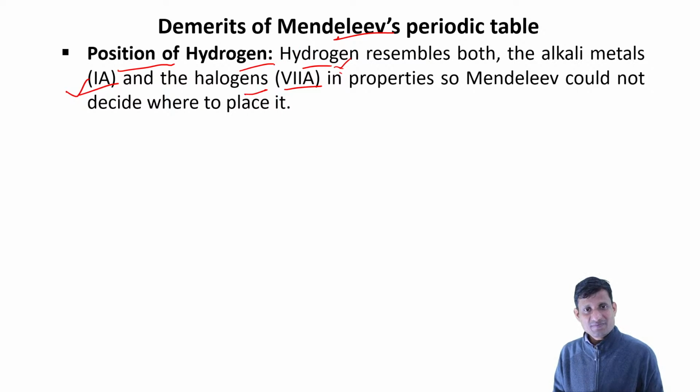So it has pretty similar properties to both the alkali group and the halogen group. His position was not conclusive; he could not decide where to put hydrogen in the periodic table.